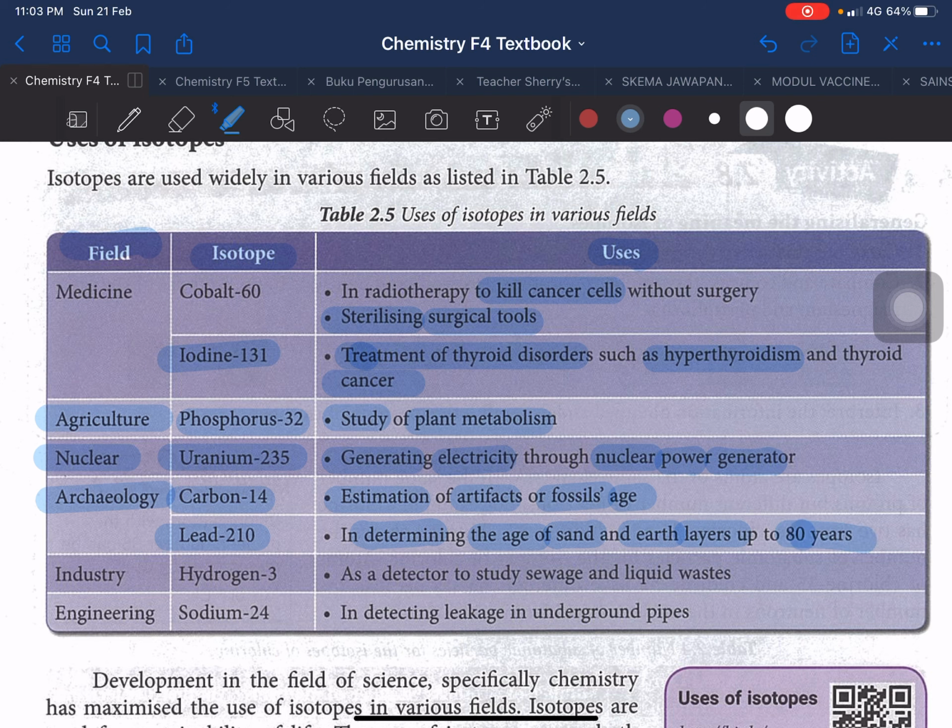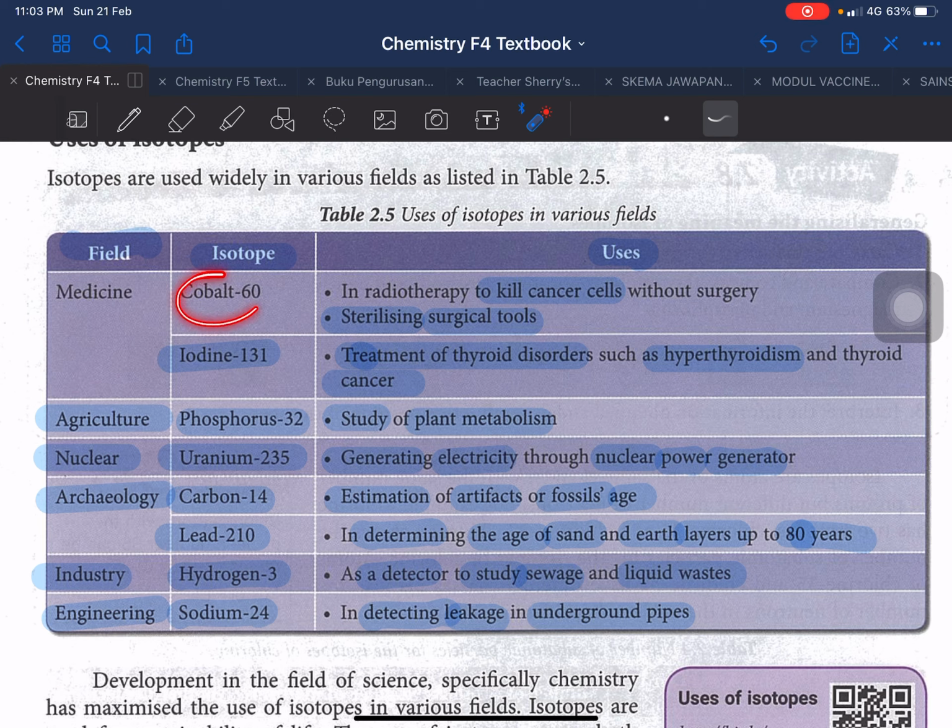In industry, hydrogen-3 is used as a detector to study sewage and liquid waste. And in engineering, isotope sodium-24 is used to detect leakage in underground pipes. Okay, I hope you understand that isotopes have a lot of uses in daily life.